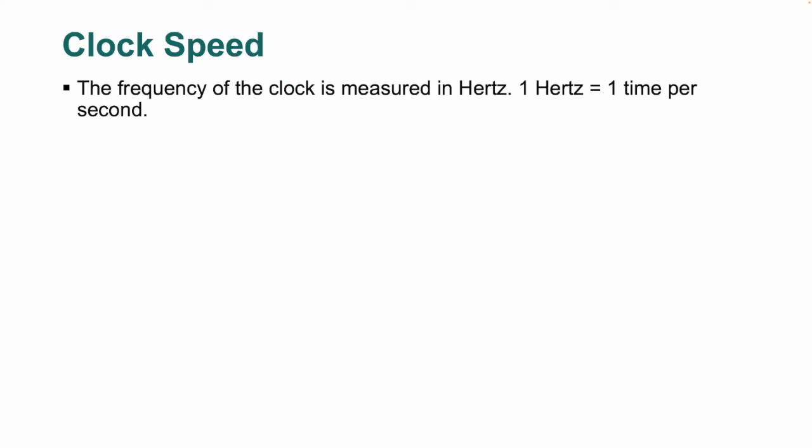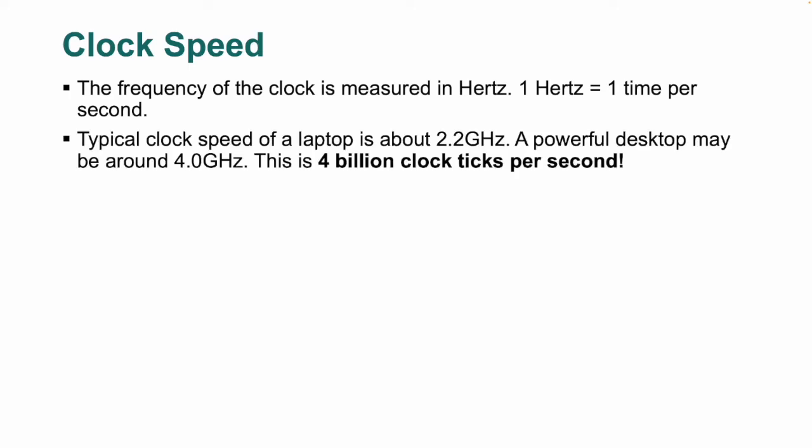So let's go a little bit deeper on those 3 techniques, and then we're going to wrap up the video. First thing is about clock speed. So the frequency of the system clock is measured in a unit called hertz. 1 hertz means once per second. For a typical laptop, like my MacBook Air, for example, a typical clock speed might be something like 2.2 gigahertz.